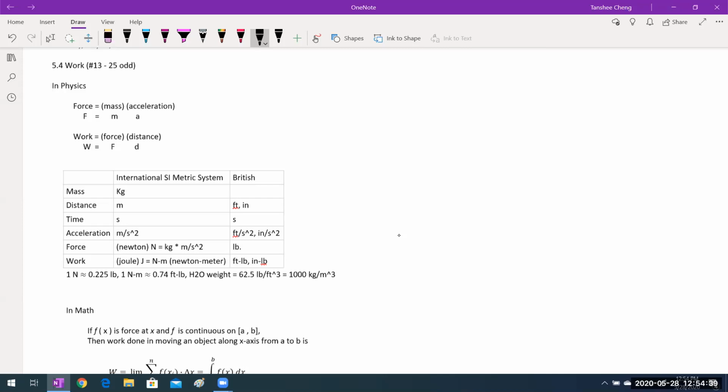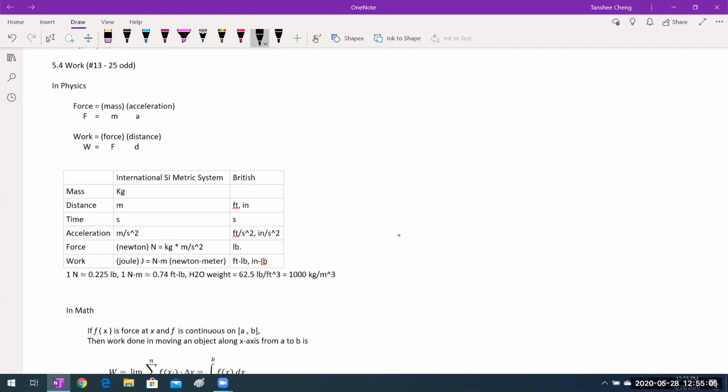And there are conversion approximations: 1 Newton is approximately 0.225 pound. 1 Newton meter is approximately 0.74 foot-pounds. The weight of water is basically 62.5 pounds per cubic foot, so you talk about per volume.